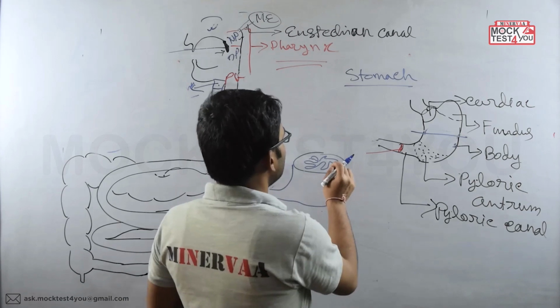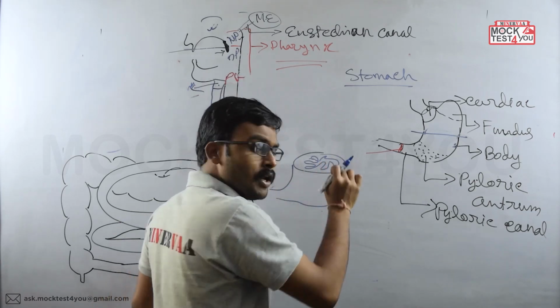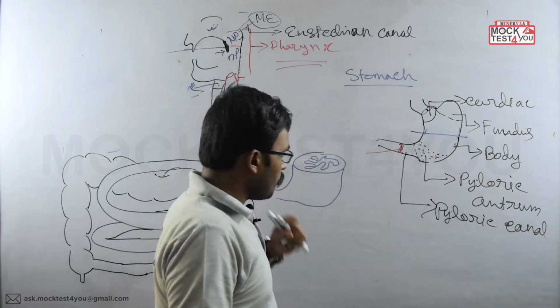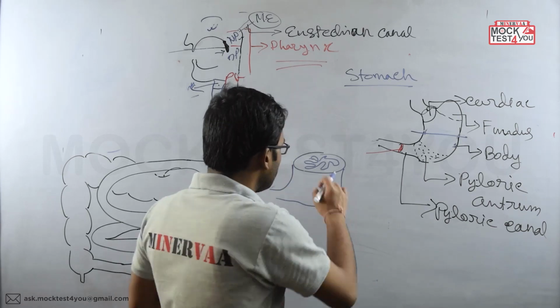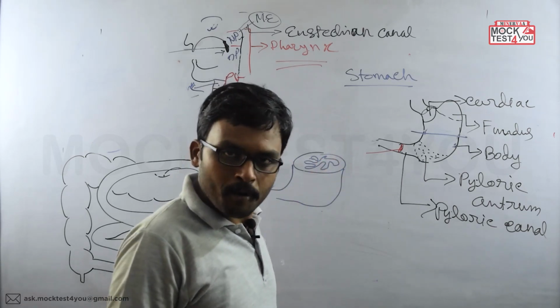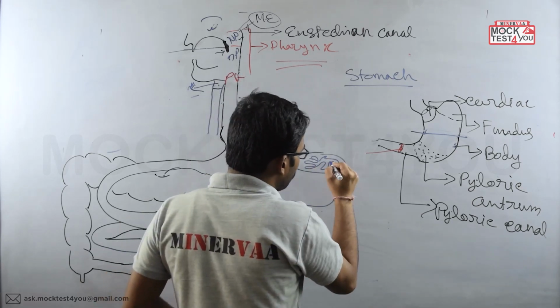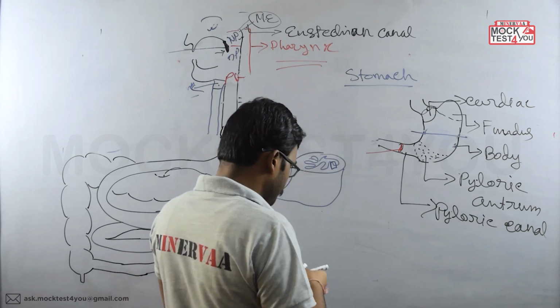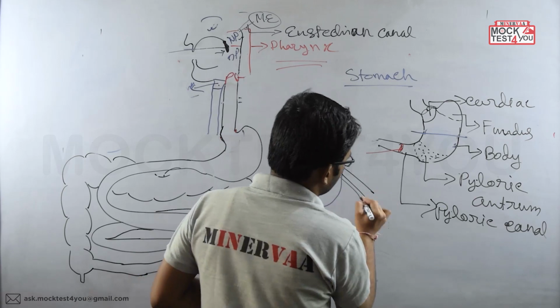Now if you see the inner wall present over here, what can we find at the inner layer? The inner wall is definitely made of mucosa, as we know. Let's draw.